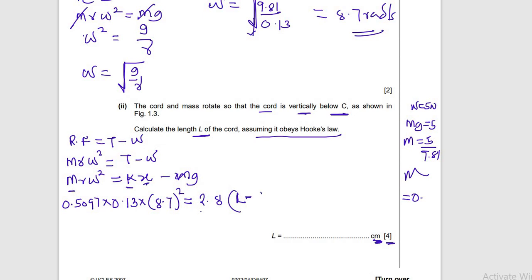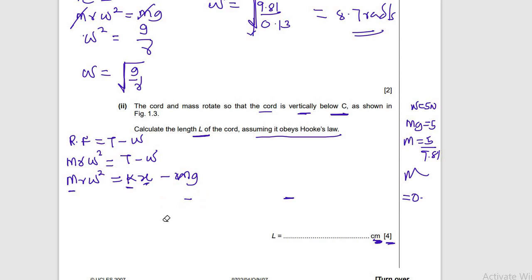Original length is 13. I'm not converting it, minus mg, the weight, which is 5 Newton. We need to be very careful with the conversion. Let's look at it like this.